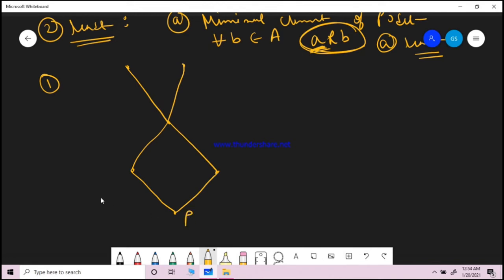So this is P, this is Q, this is R, S, T, and U. You have to simply tell me what is the minimal element and what is the maximal element in this case. So the minimal element is this. For maximal, we have two elements. You can see from the diagram, or you can directly do the pairing of ordered pairs, and find out that this is the minimal one and this is the maximal one.